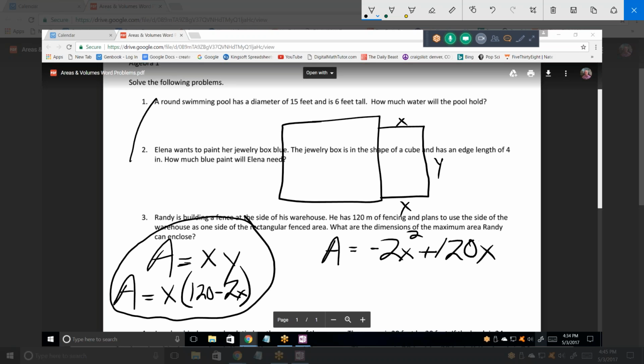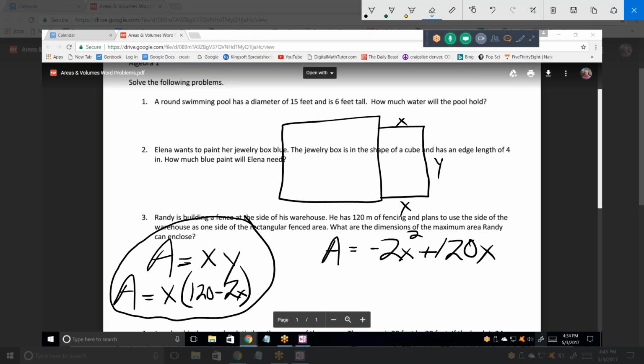If it points down, then there's a maximum right there. If it points up, then it has a minimum. We can see this is going to point down because it's got a negative sign in front of the x squared term. So all we have to do is find that vertex, and we will solve this problem.